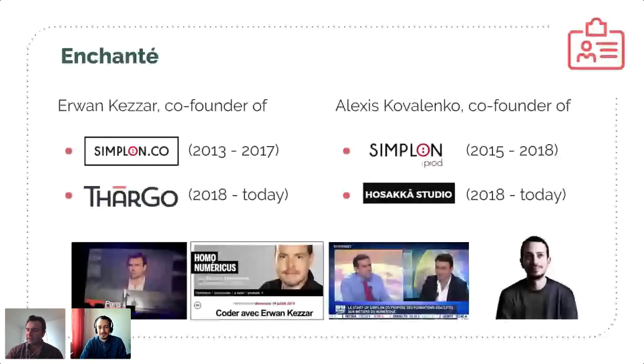We will very quickly explain who we are. I am Erwan Kezar, and I co-founded several companies in my life. The most famous of them is Simplon.co. It's the biggest network of free face-to-face trainings on web development in the world, for everybody, but mainly for people who have no job, no diploma, people who are refugees, with a very strong goal of men-women equality.